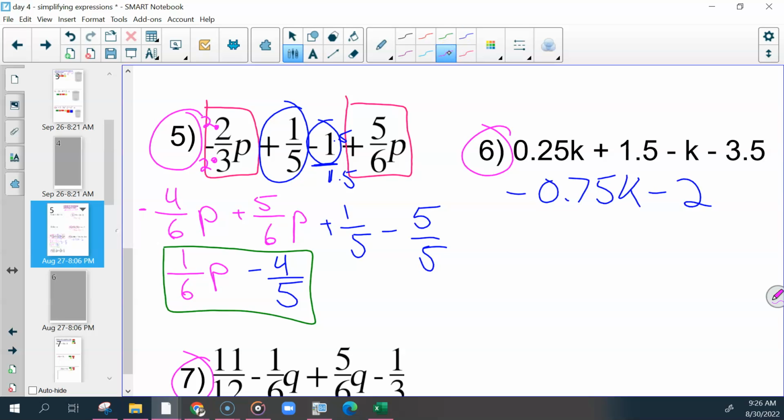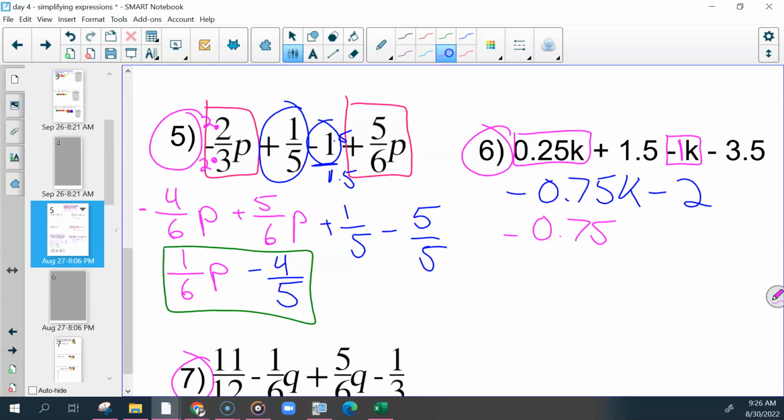So for this one, we had the k's as like terms. When we circle or square or whatever shape we're doing to our like terms, make sure you include the operation that comes before it. That way we know what we're doing to it. There's an invisible 1 in front of this k, so we'd be doing 0.25 minus 1. That would give us that negative 0.75.